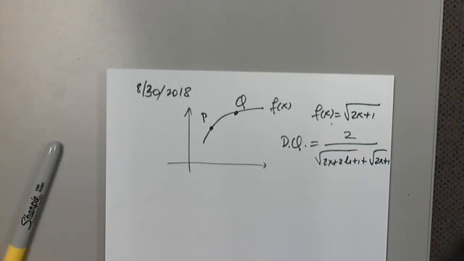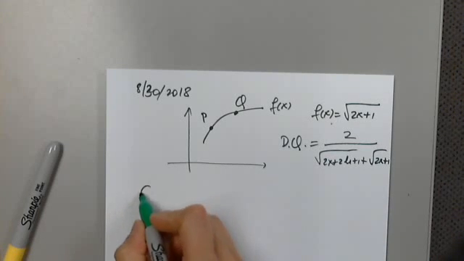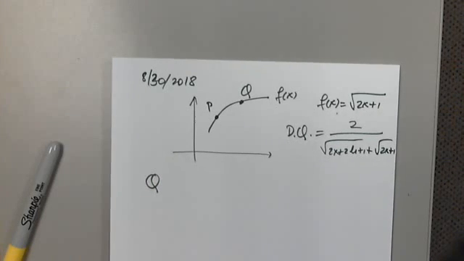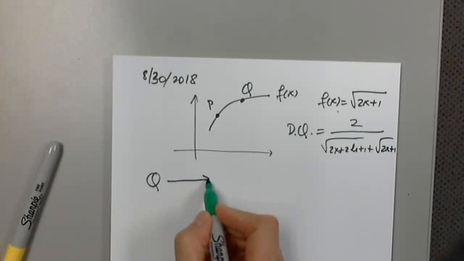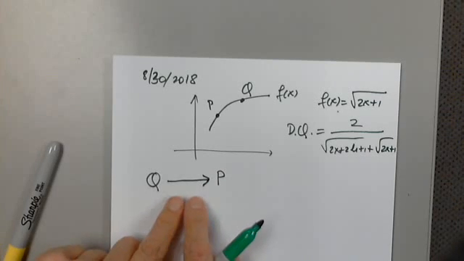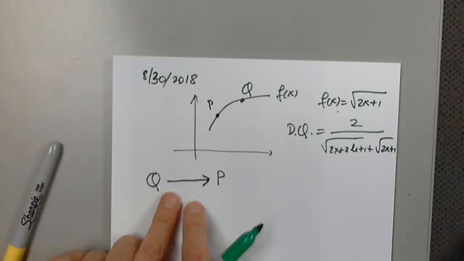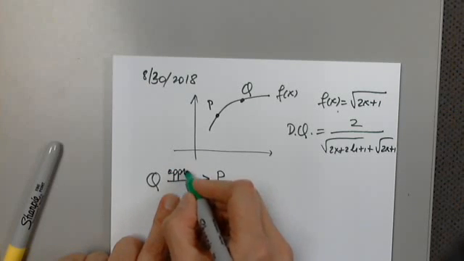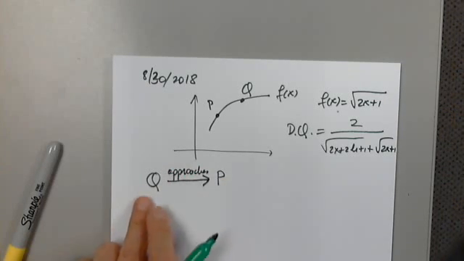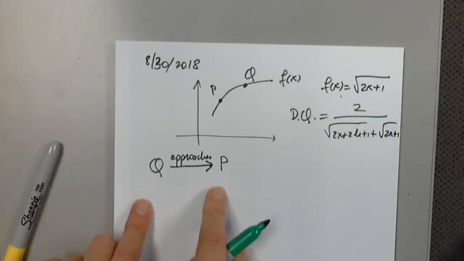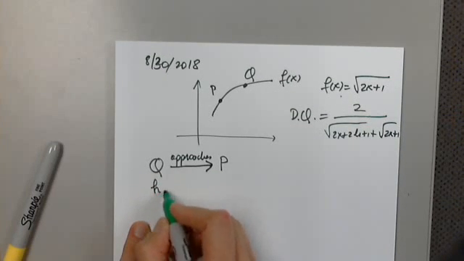Perfect. So now imagine that I bring point Q closer and closer to P. Notice that I did not put the equal symbol. We mean approaches. So this is approaches. As Q approaches P, what happens to h?